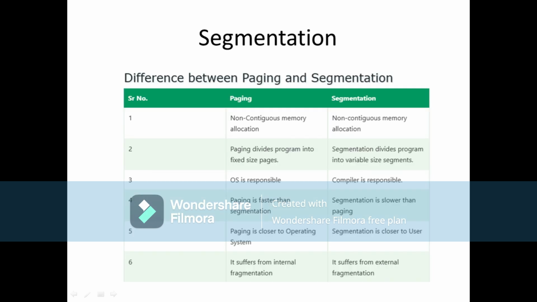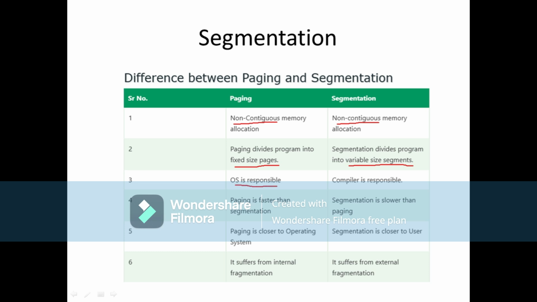Let us see the difference between paging and segmentation. Paging is a non-contiguous memory allocation. Segmentation is also a non-contiguous memory allocation method. Paging divides the program into fixed size pages, whereas segmentation divides the program into variable size segments. Who is responsible for paging? The operating system.